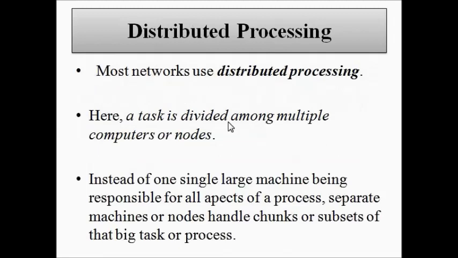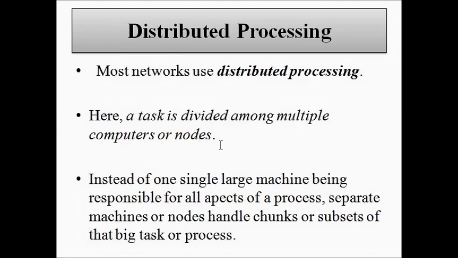Next is distributed processing. Most of the networks that we come across use the concept of distributed processing. What distributed processing means is that a task is divided among several computers or nodes.